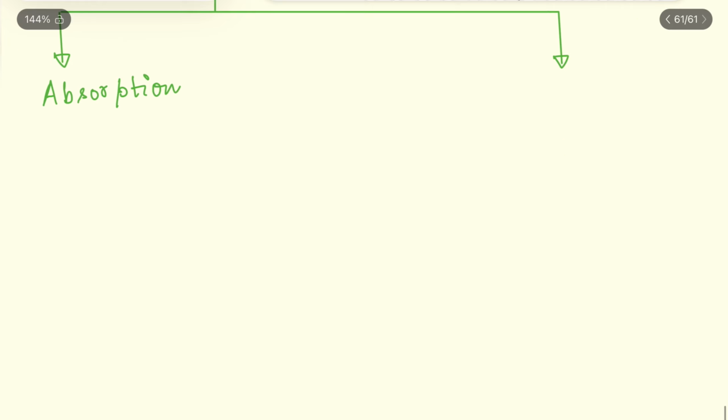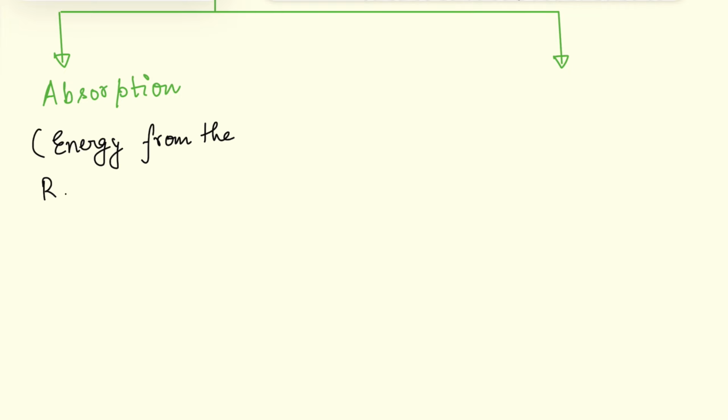As the name suggests, when the radiation ray is passing through the media, the energy from the radiation ray will be absorbed by the particles of the participating media. So I will write here: energy from the ray is absorbed by the media.